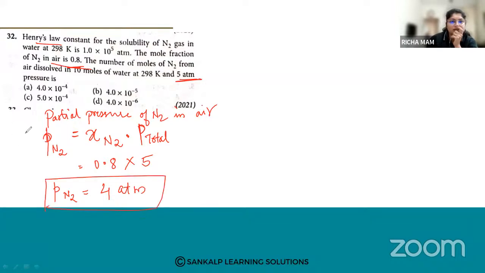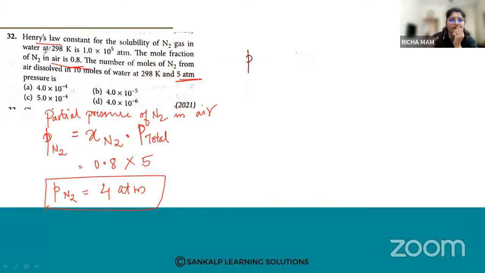Okay, 4. Yes, fine. Next step. Now we have to find out the number of moles of N2. Henry's constant for the solubility of N2 in water is given, right?